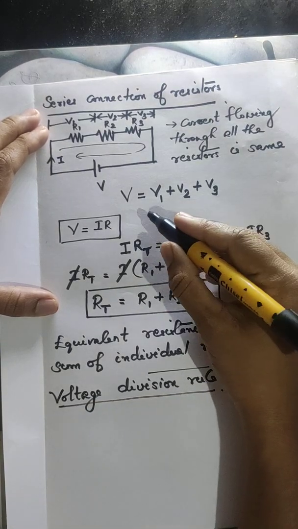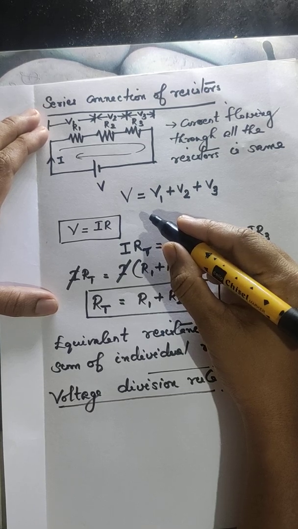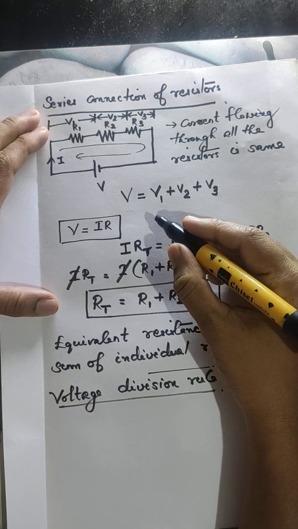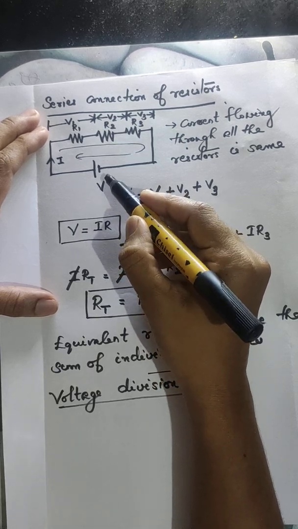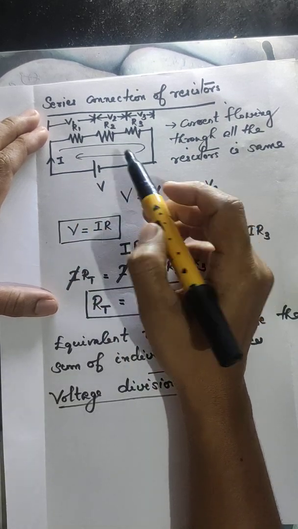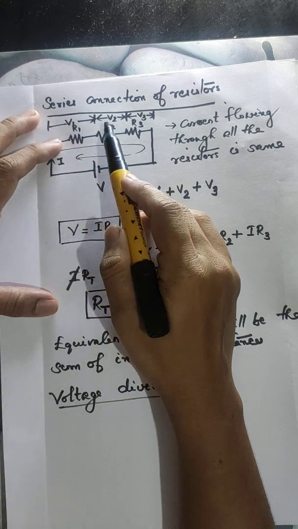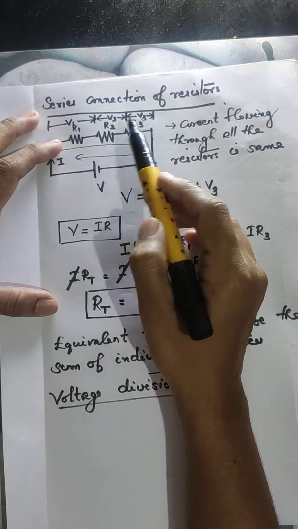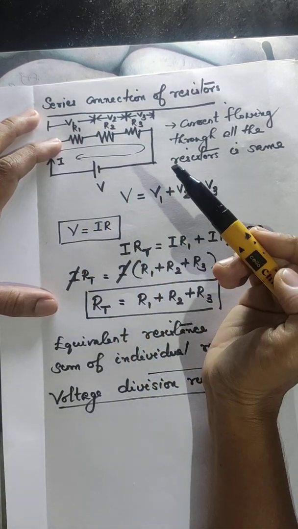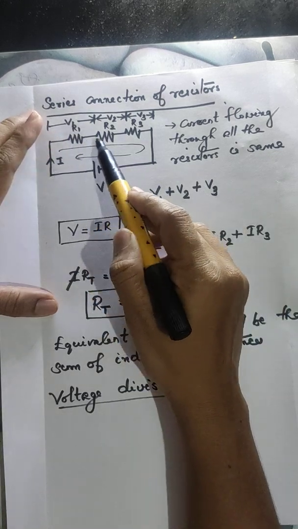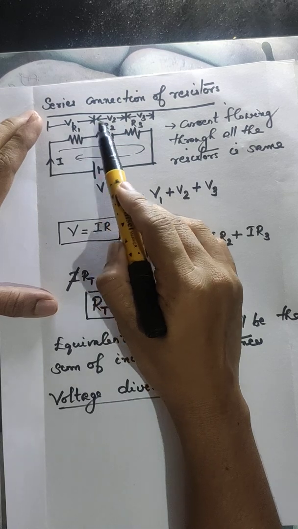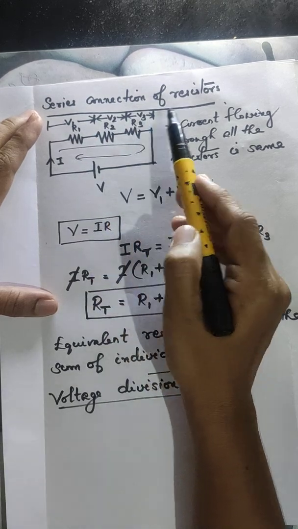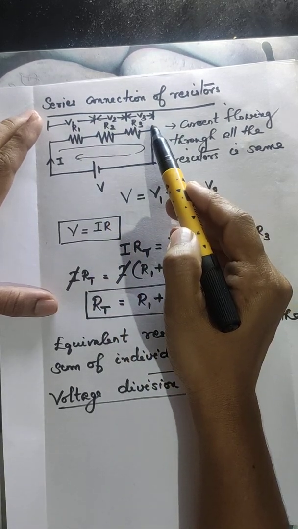So here in this case of the series circuit, we have already seen that even if we are applying a voltage V across this circuit, we get different voltage levels V1, V2 and V3 across the various resistors. The current through all the resistors is the same, but the voltage appearing across them may or may not be the same.